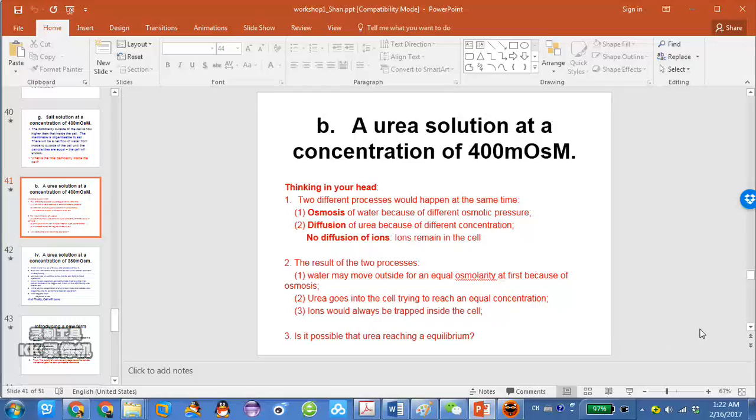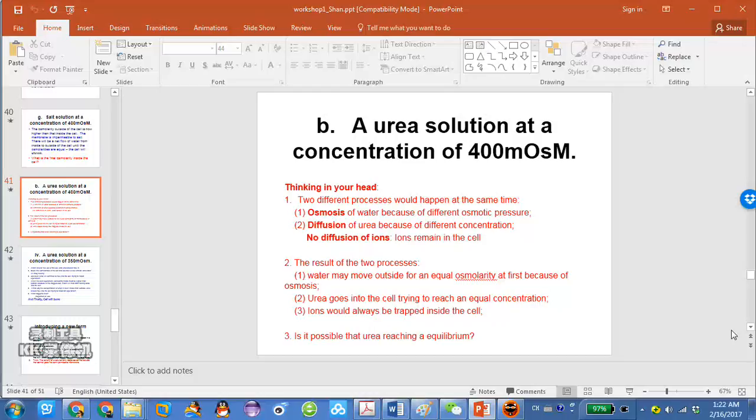And the concentration will be very close to 400 milliosmolar because the outside solution is in a much greater volume compared to the inside. The urea has the same concentration both inside and outside. And the ions would always be trapped inside the cell because the ions are impermeable to the cell membrane.